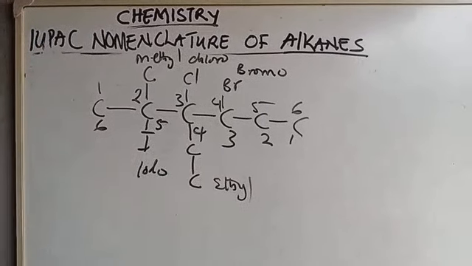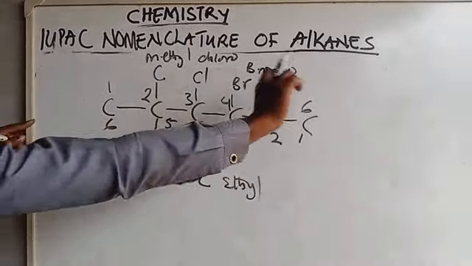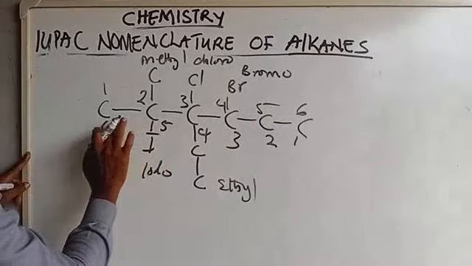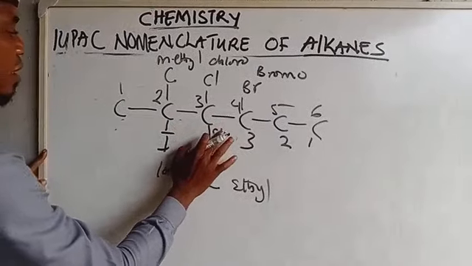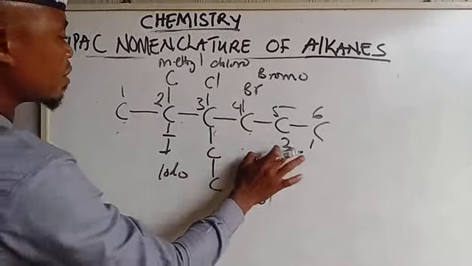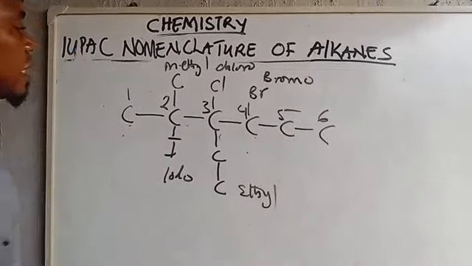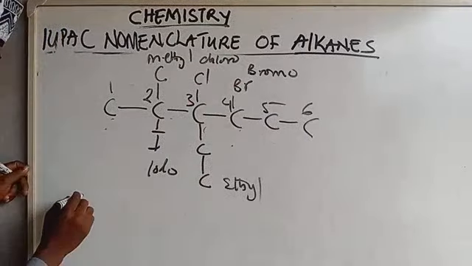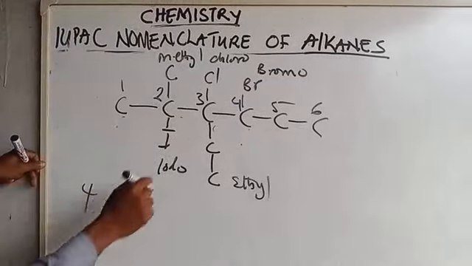So we'll name alphabetically. If I'm naming from this direction, if this is the correct direction, it means this one no longer exists. You get them off. And all these numbers should be in your head. This is just for understanding's sake. So our bromo is on carbon 4. B comes before every other substituent there.